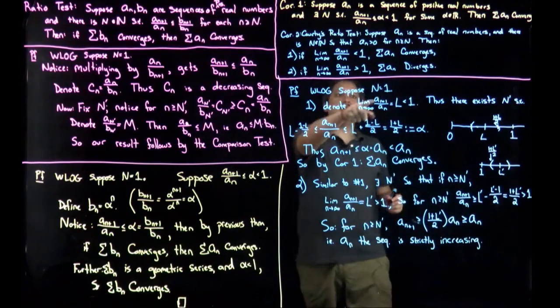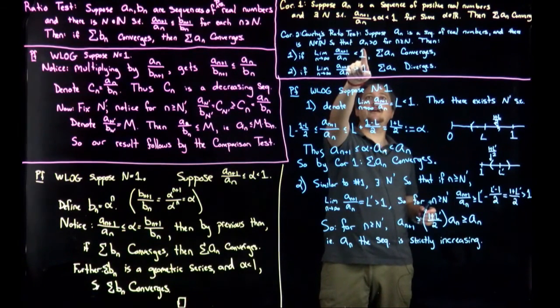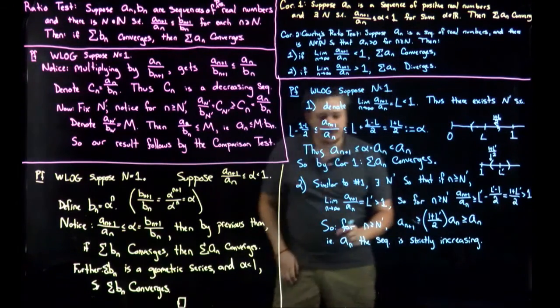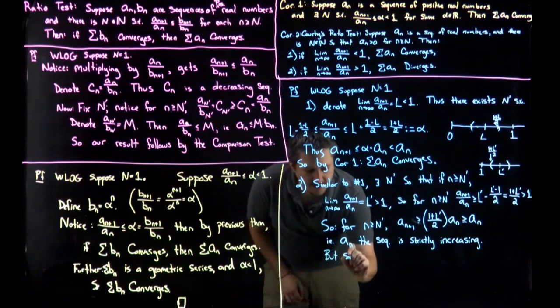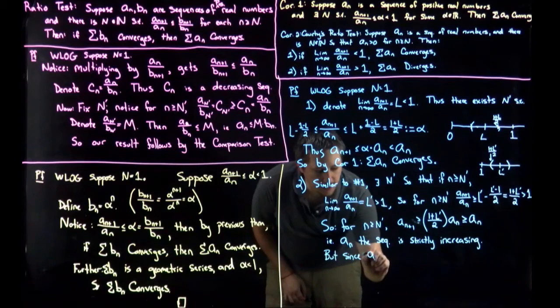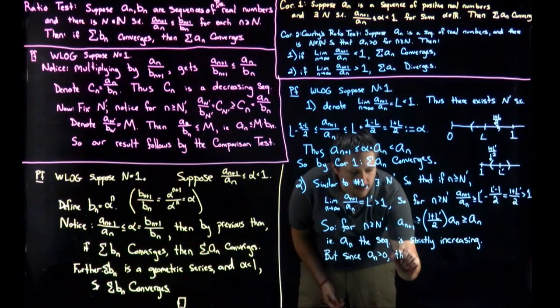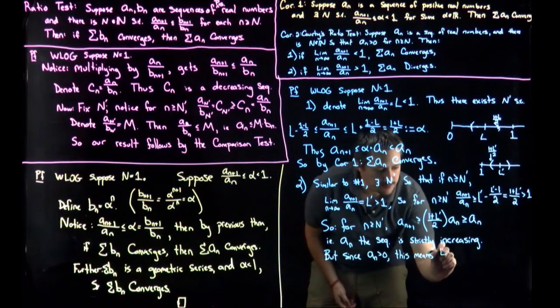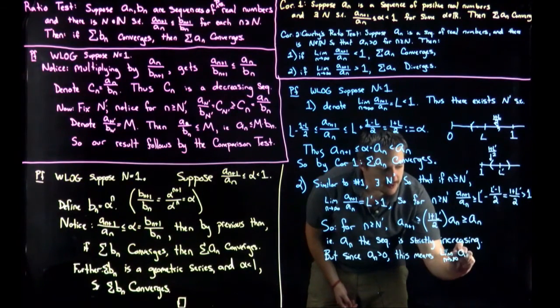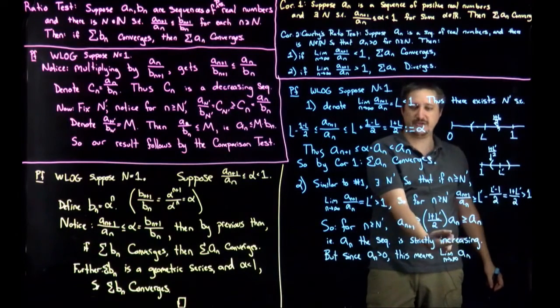Right, because I'm assuming at n equals 1 that I have this a_n is strictly positive. But since a_n is greater than 0, this means the limit as n approaches infinity of a_n, well, I have that it starts strictly greater than 0, and then I have that it's increasing.